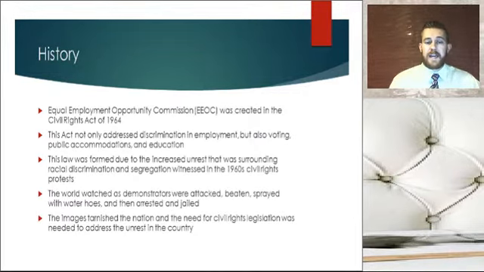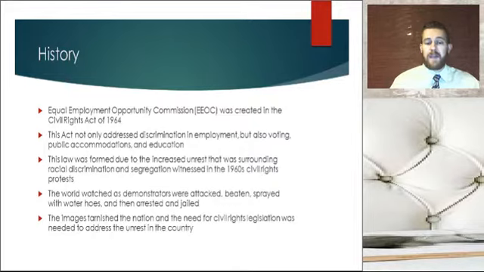Employment discrimination has come a long way over the years. The Equal Employment Opportunity Commission was actually created in the Civil Rights Act of 1964. The abbreviation for that, which is pretty well known today around the employment sector, is the EEOC. This act not only addressed discrimination in employment, but also voting, public accommodations, and education.